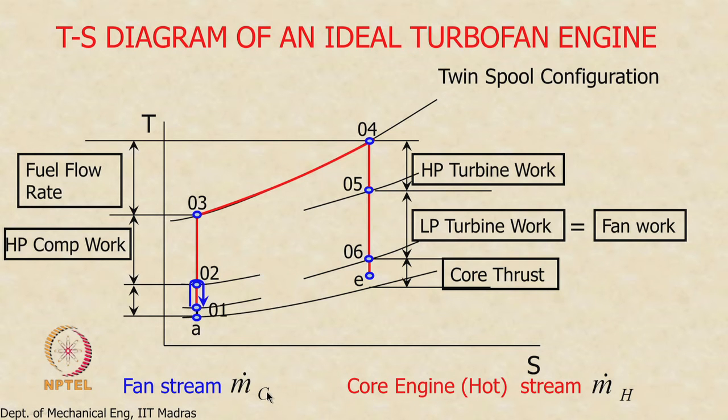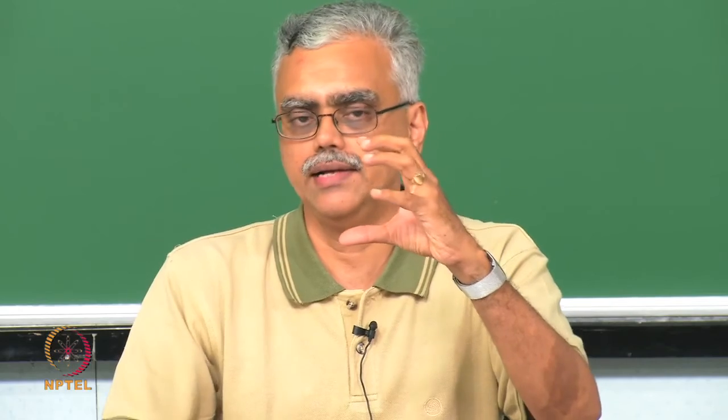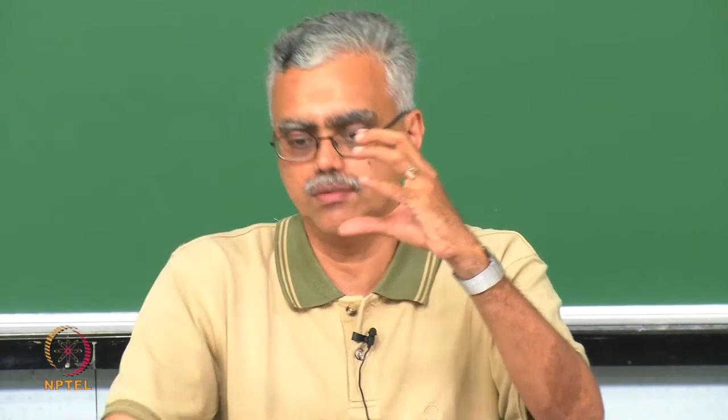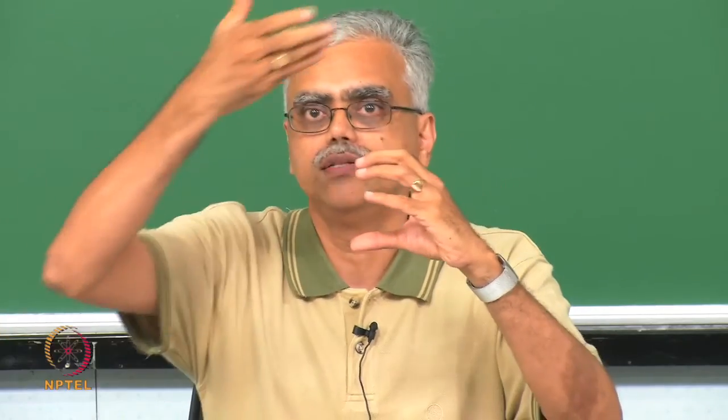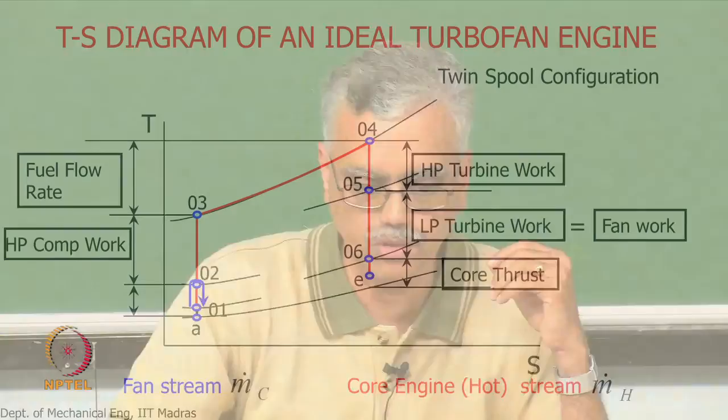C denotes the air which is cold air, that means heat is not added at all. So if you look at the fan, some part of the fan handles an amount of air equal to m dot h, which goes through the entire core engine. The rest of the fan handles an amount of air equal to m dot c, which goes only through the fan and the fan nozzle. That is what we are going to indicate next.